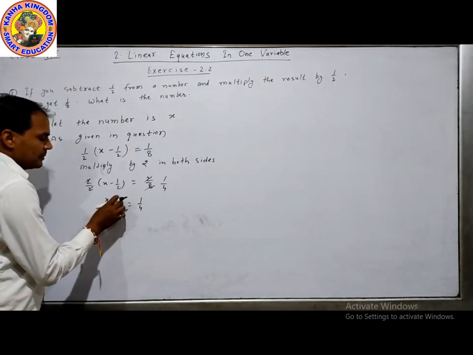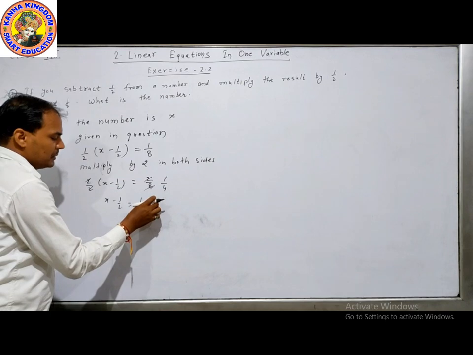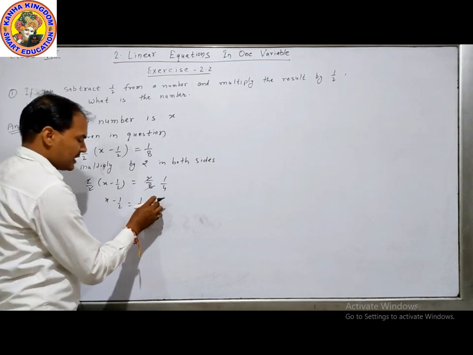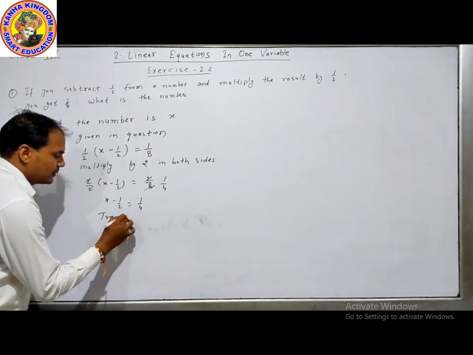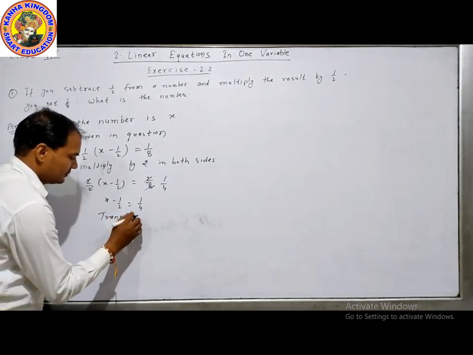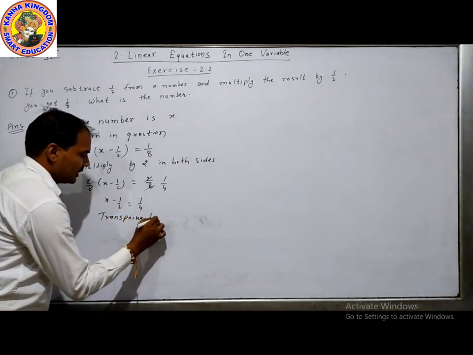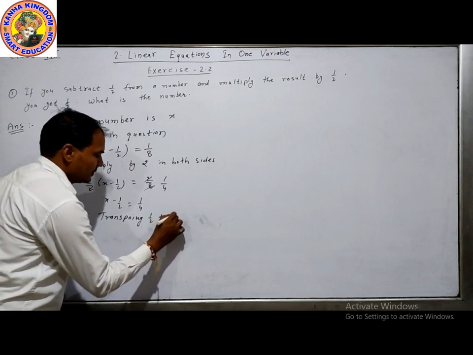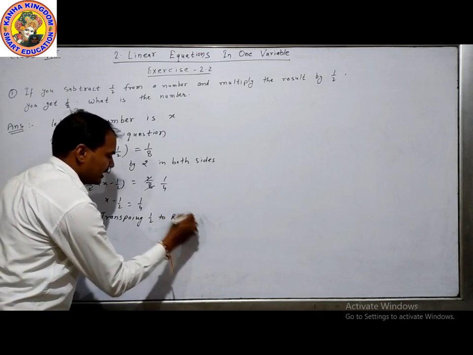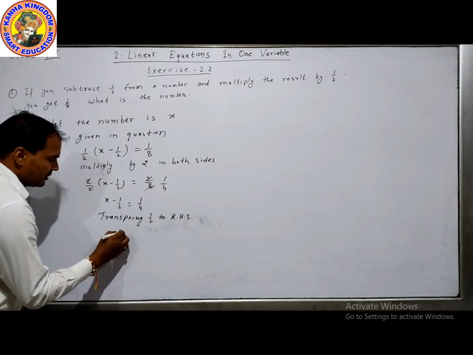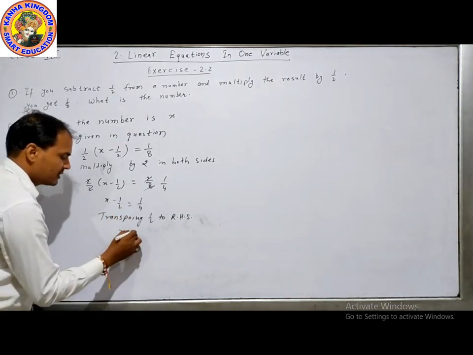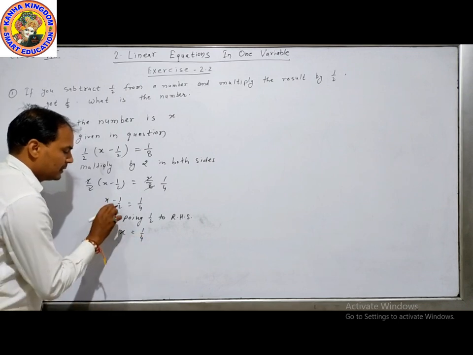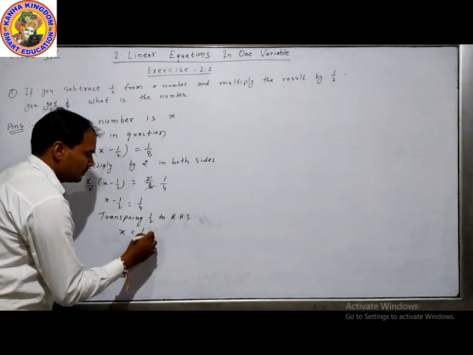Then minus half goes to the right hand side as plus half. Transposing half to the right hand side: on the left hand side there is x, half moves to this side, so 1 by 4 plus half.